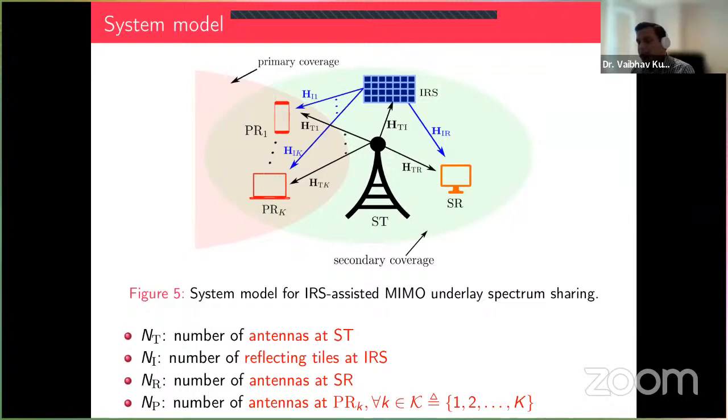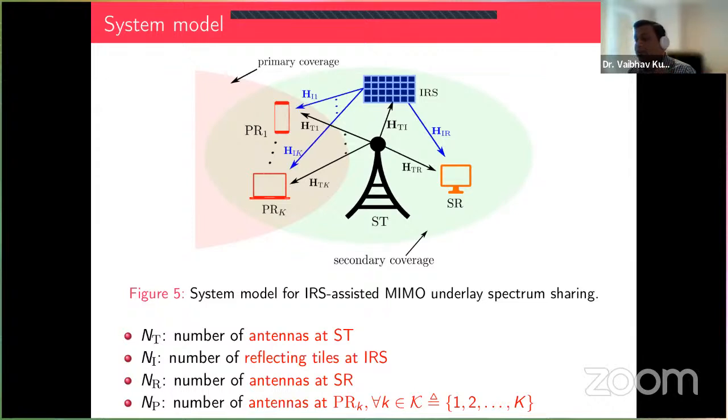There are many paradigms of sharing the spectrum. But what we do is, can we deploy an unlicensed network near the licensed network such that the unlicensed network will also use the same frequency band for which the licensee is the primary network?